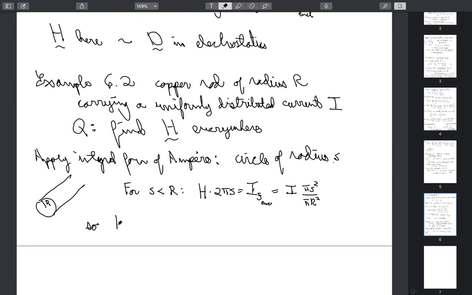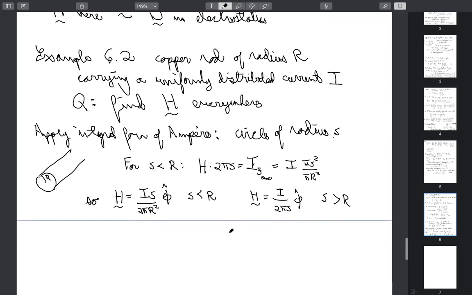So what we get is that the field H is just, re-isolating it from here, I times s divided by 2 pi r squared in the direction phi hat, if s is less than r. And otherwise, if you're outside, then you just saturate this thing, and it becomes just I over 2 pi s phi hat for s greater than r. And of course, at s equal to r, the two things match.